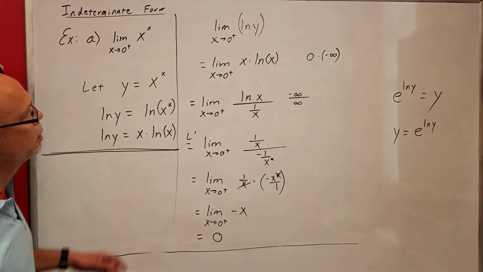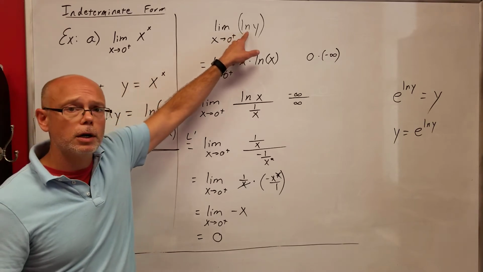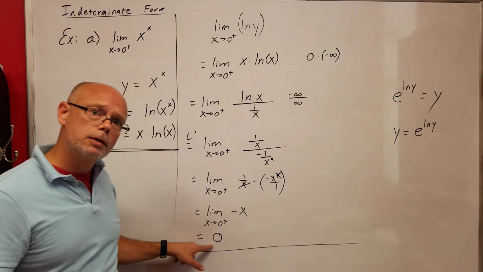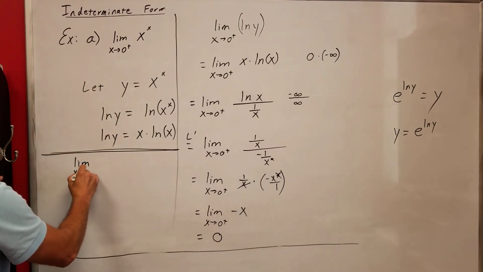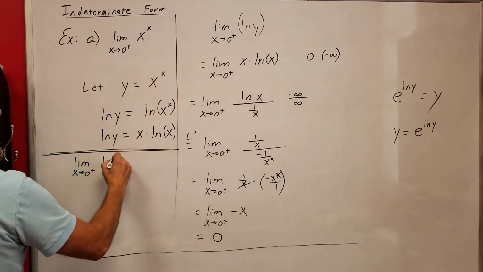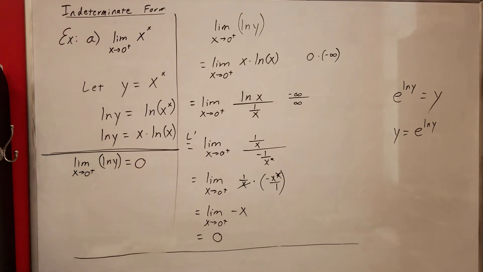What did we just conclude? We just concluded that the limit as x approaches 0 of natural log of y is equal to what? 0. So we just concluded the limit as x approaches 0 from the right of the natural log of y is equal to 0.